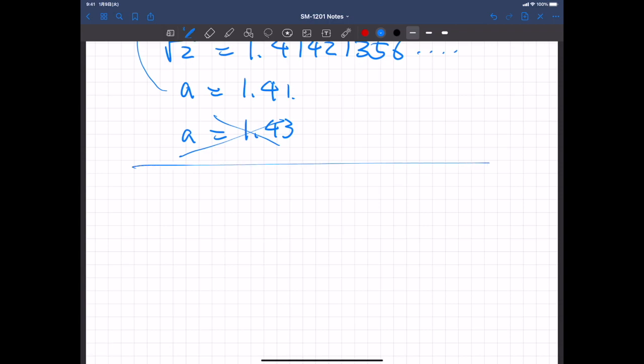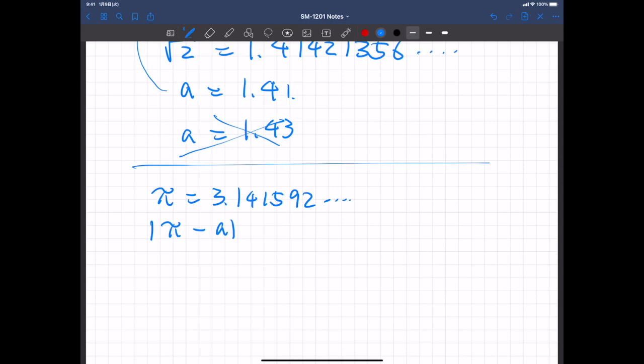Second example, pi, 3.141592 and so on. This is irrational. Now we want to approximate this by some rational number.